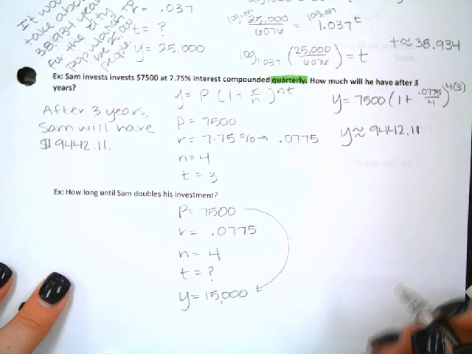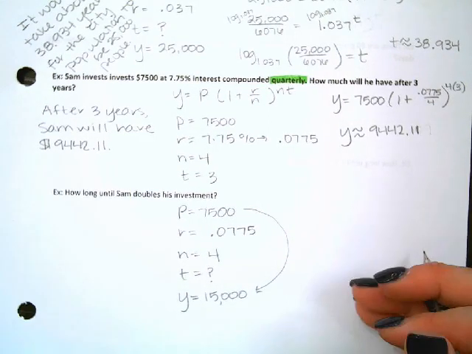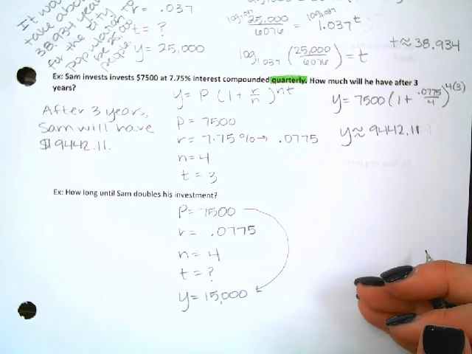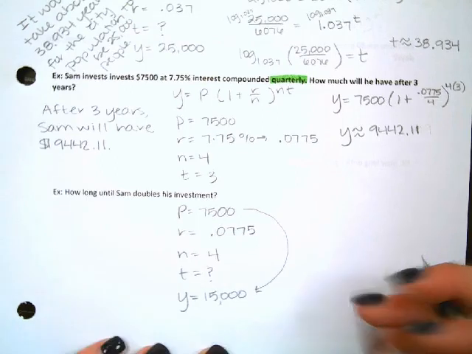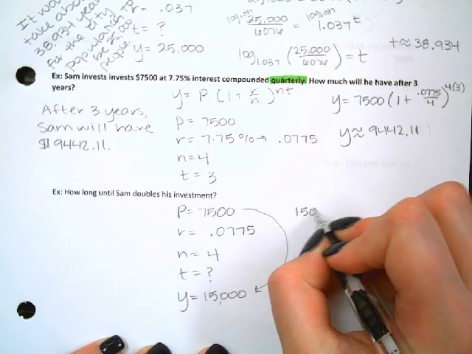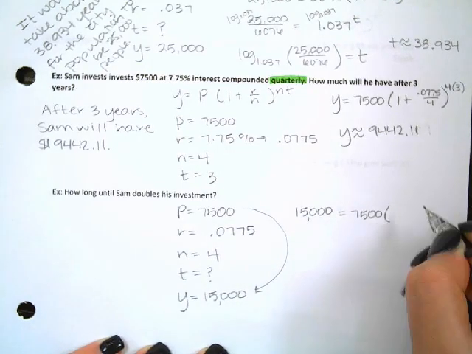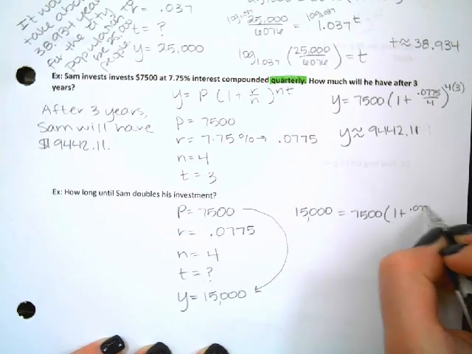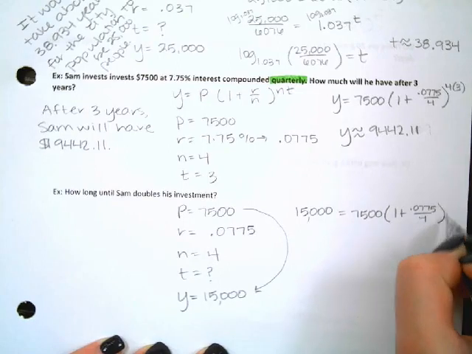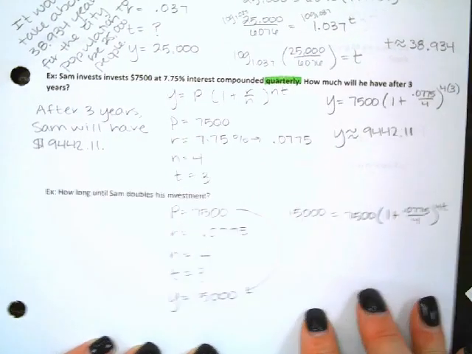And so that's how much money he wants to have in the end. So let's go ahead and set up the equation and make sure that we can solve for it. So we're going to have 15,000 equals 7,500 times 1 plus 0.0775 over 4 to the 4t.